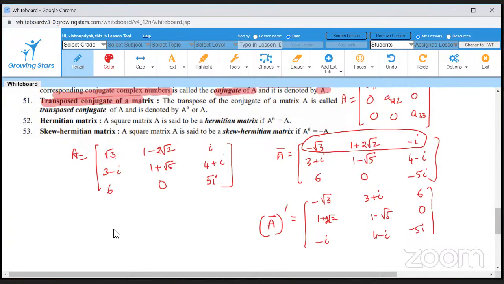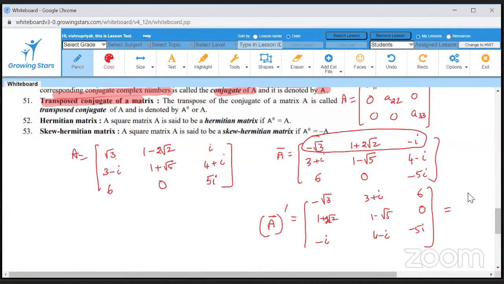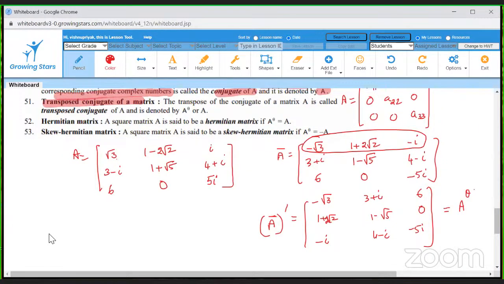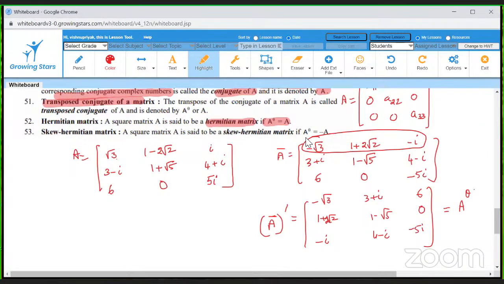This is the transposed conjugate matrix and it is denoted by A theta. Then if A theta is equal to A, that is called Hermitian matrix. If A theta is equal to minus A, that is called skew Hermitian matrix.